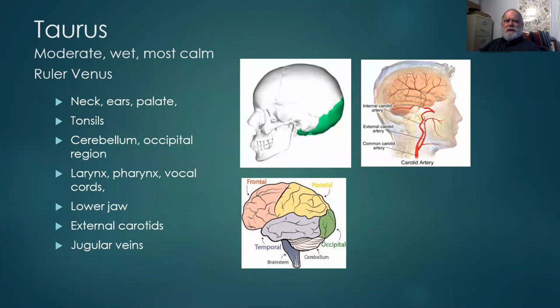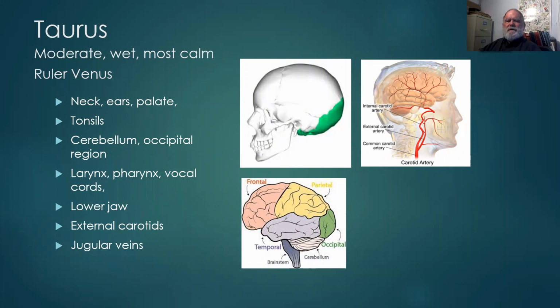It rules, right below Aries, the neck, the ears going all the way into the throat to the tonsils, right? The tonsils in there, the eustachian tube running from the ear to the throat. Okay, and I'll show you some pictures of these.